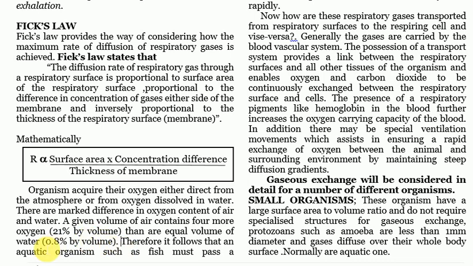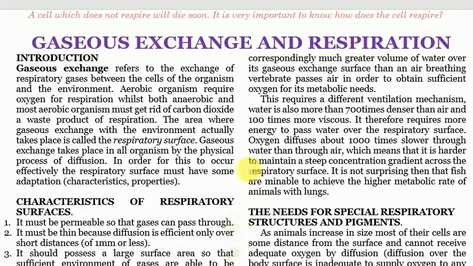Therefore it follows that an aquatic organism such as a fish must pass a much greater volume of water over its gaseous exchange surface than an equal air-breathing vertebrate passes air, in order to obtain sufficient oxygen for its metabolic need.